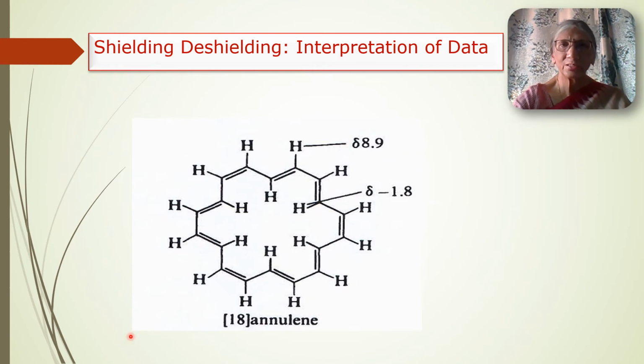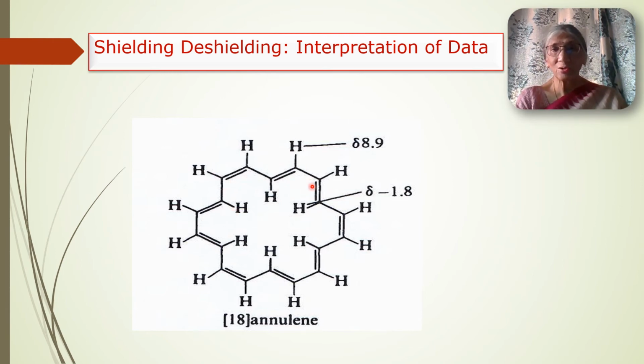In 18-annulene, there are 6 inner protons and 12 peripheral protons. The peripheral protons show a signal at delta 8.9, whereas the inner 6 protons show a signal at delta minus 1.8. That is, here the frequency of inner protons is less than the TMS protons. Why is it so? Again here, 18-annulene is an aromatic compound.